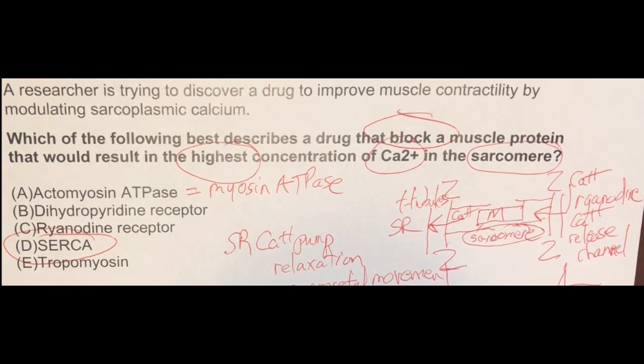So again, the actomyosin ATPase is responding to the calcium, but it's not controlling how much calcium is in the sarcomere. So we're stuck with D, SERCA, the best answer and the most appropriate for if we describe a drug that blocks SERCA, calcium will accumulate in the sarcomere.